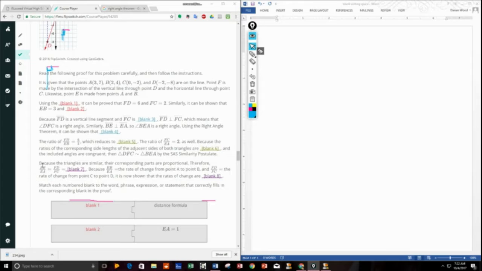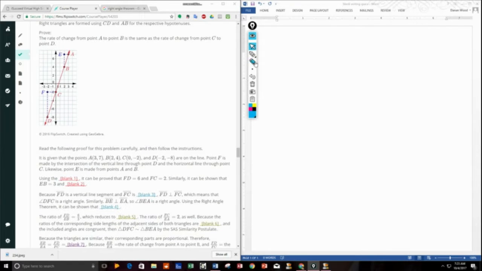All right, so because the triangles are similar, their corresponding parts are proportional. Therefore, EB divided by EA, so EB right here, the vertical distance divided by the horizontal distance, that is slope, rise over run, is equal to FD, vertical distance, divided by FC, which is our horizontal distance. That is a slope as well.